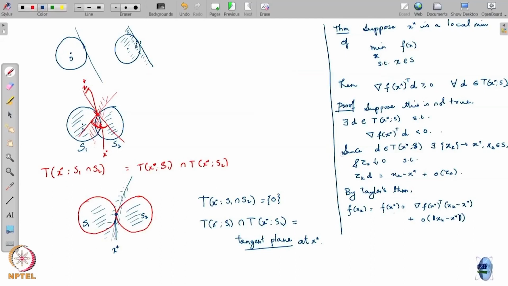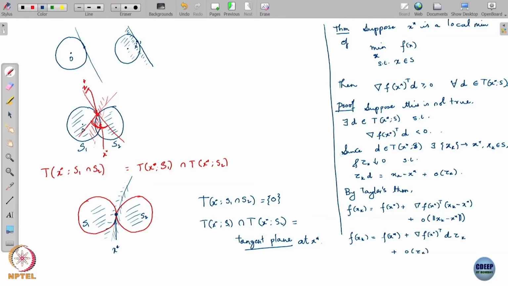So now if I substitute this in, I would get that f of x k is equal to f of x star plus gradient of f at x star transpose d times tau k plus something that is small o of tau k.